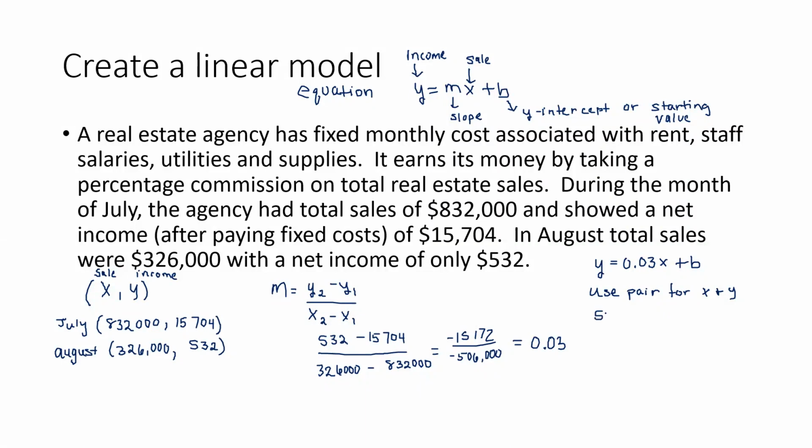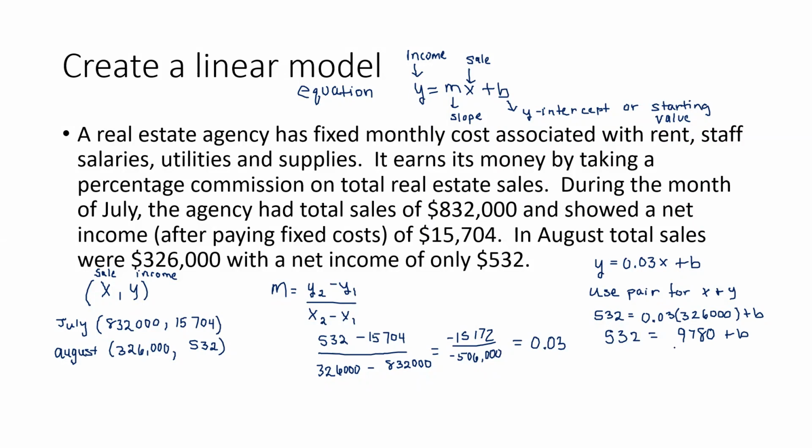So for y, I have 532, and that is equal to 0.03 times 326,000, filling that in for the x, plus b. So the first thing I did is I did the multiplication, so that gave me 532 is equal to 9,780 plus b.